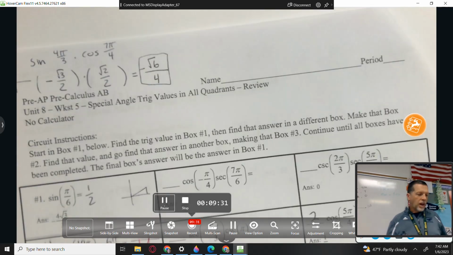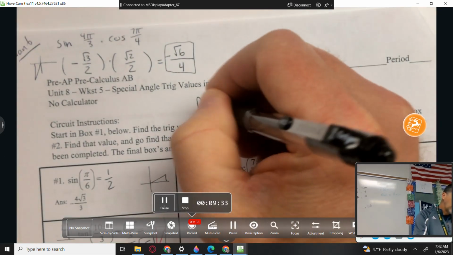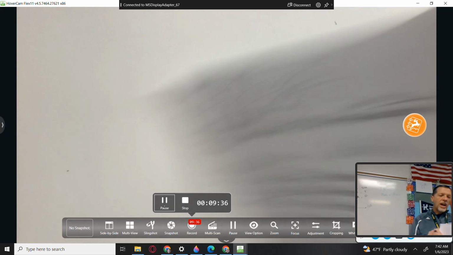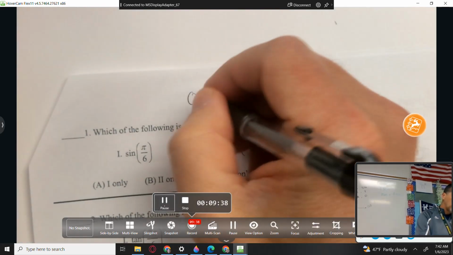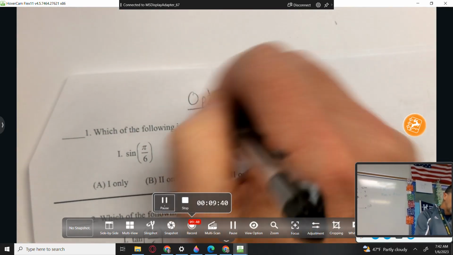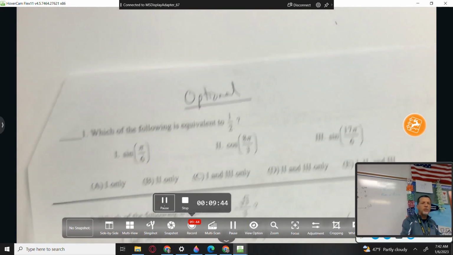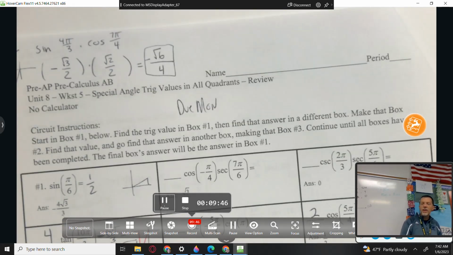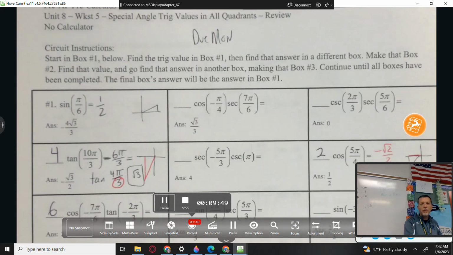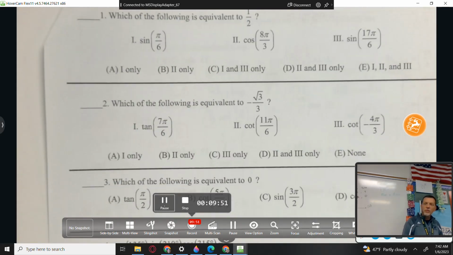By the way, this is what's due Monday, up through this. The next page, this is optional. Okay, it's still part of worksheet 5, so I do want to pick up the circuit part of worksheet 5. That's what we were just working on. But the rest of worksheet 5 is optional.